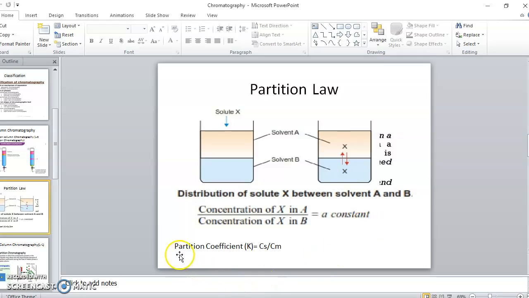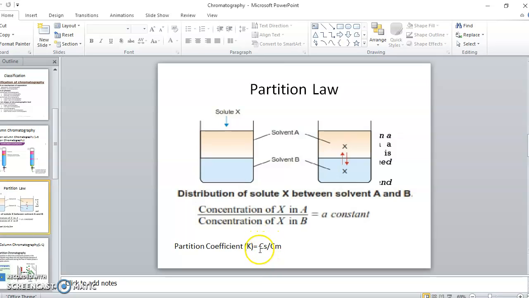Now let me introduce a term, the partition coefficient, which is K, the same constant. Partition coefficient, here I have given it as K equals Cs divided by Cl. What is Cs? It is the concentration of the solute in the stationary phase divided by the concentration of the solute in the mobile phase, because we are applying this partition law to chromatography where you have the stationary phase and mobile phase.